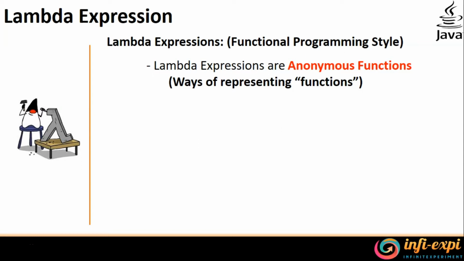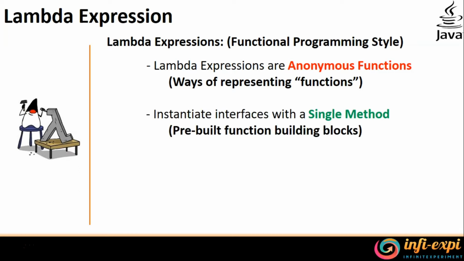So it is a way of representing a function actually. Lambda expressions are representing your functional programming style. Functional programming style of code can be achieved with the help of Lambda expression, and to follow with the Lambda expression, you actually migrate the piece of code from your anonymous inner class to your anonymous function.